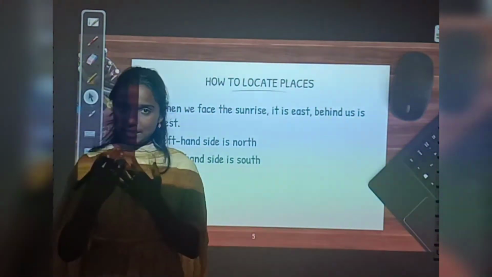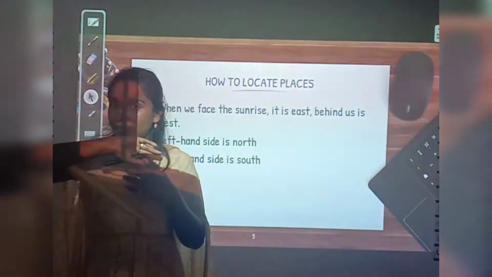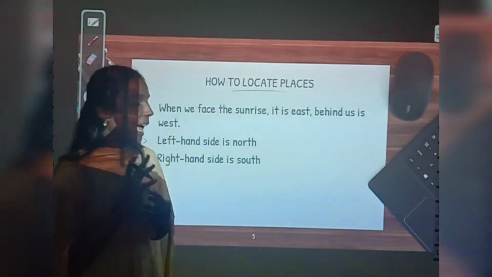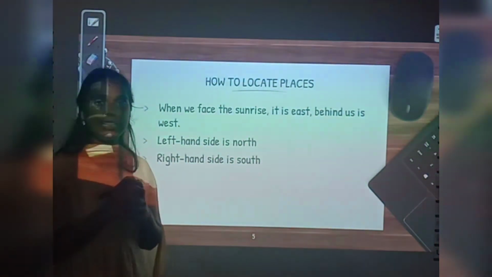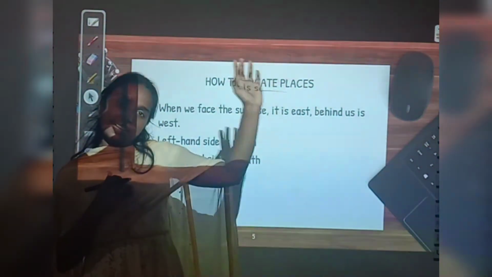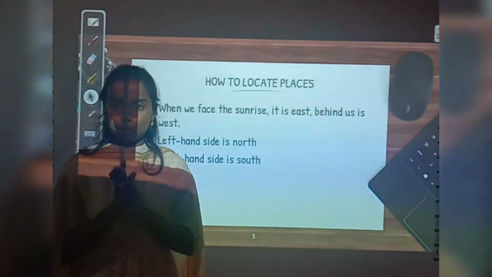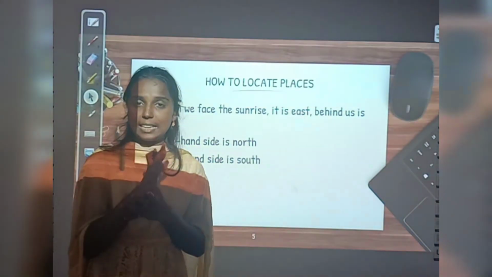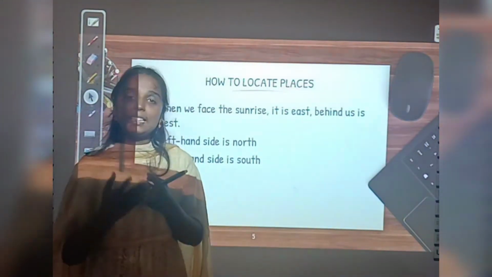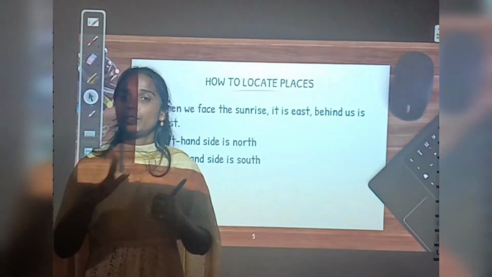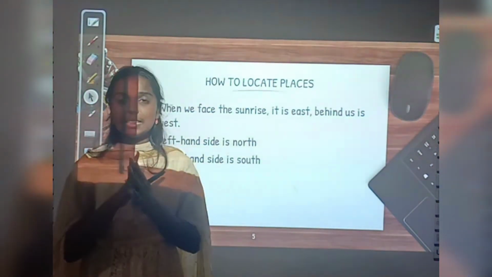Our left hand side points towards the north and the right hand side towards the south. So if you are facing the sunrise, your front side will be east, your back side will be west, your left hand side will be north and your right hand side will be south.